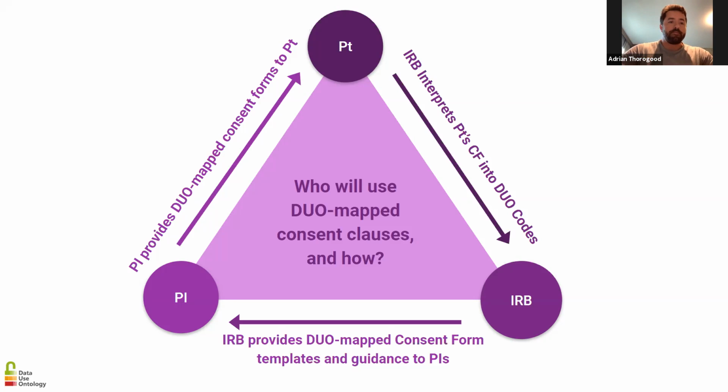The focus here is exploring potentially partnering with IRBs as well as funders who design consent templates that researchers rely on when drafting their project consent forms, to see if we can provide some guidance as well as some consent language that could then hopefully be adopted in consent forms that would be clear and would map to DUO. Next slide, please.